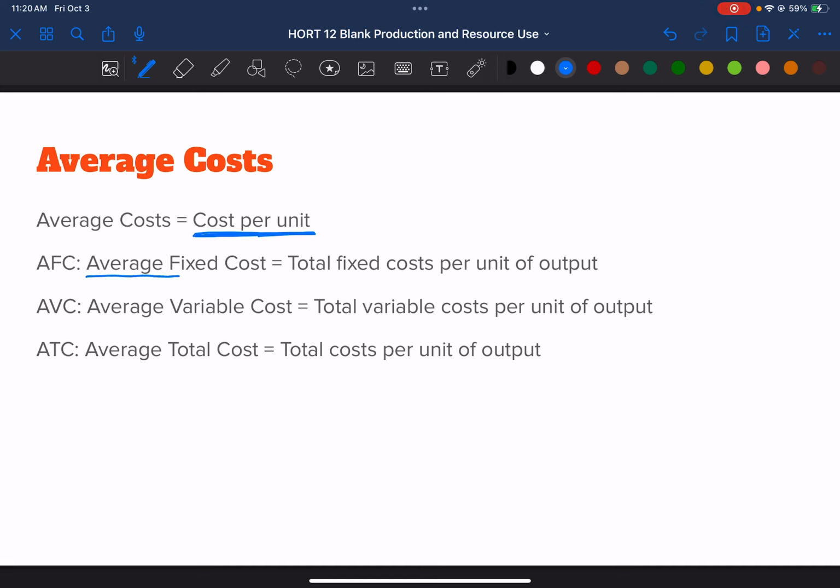We have average fixed costs, which are the total fixed cost per unit of output. Then we have our average variable costs, which are the total variable costs per unit of output. And then we have our average total cost, the total cost per unit of output. So for every 1 unit of output, you will have an average fixed cost, an average variable cost, and an average total cost.